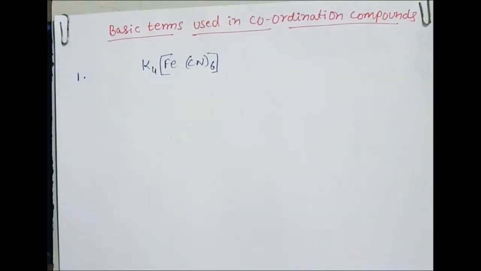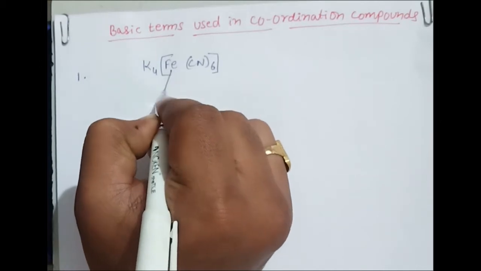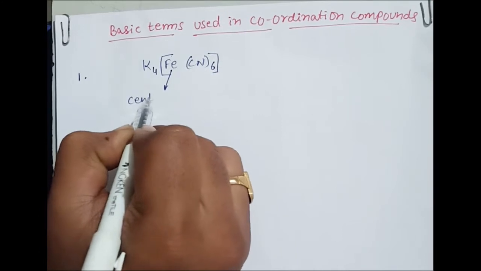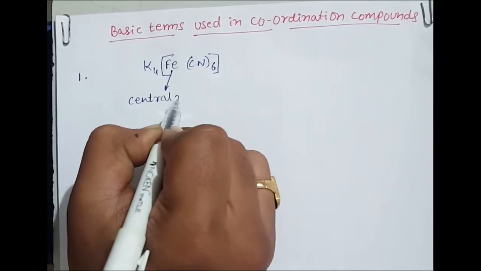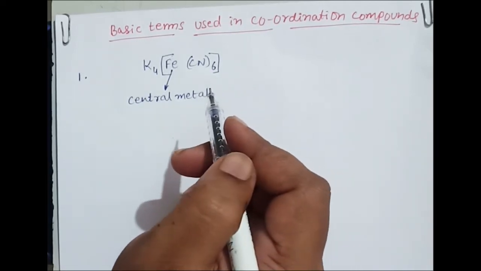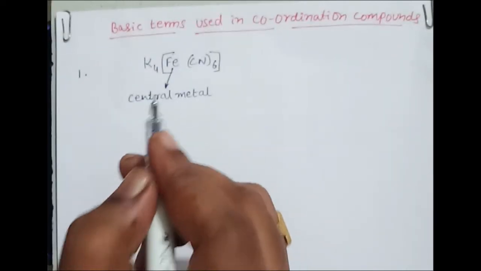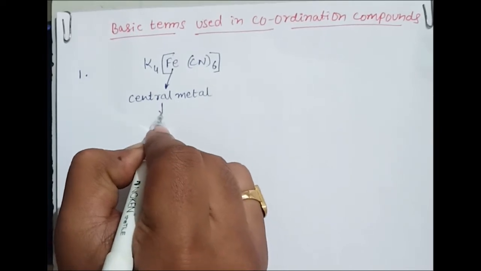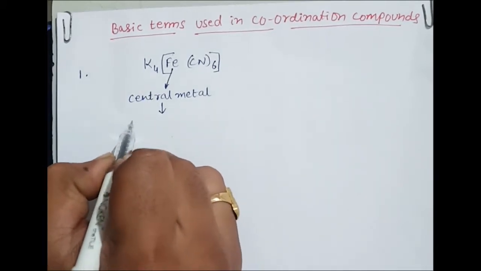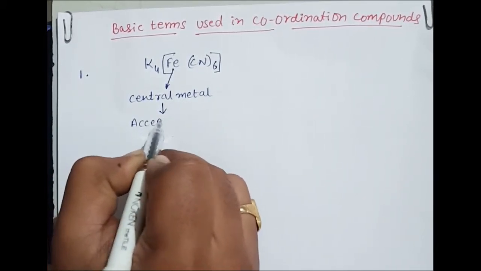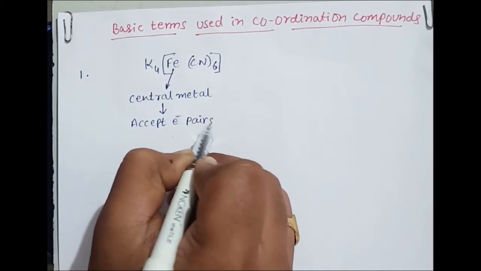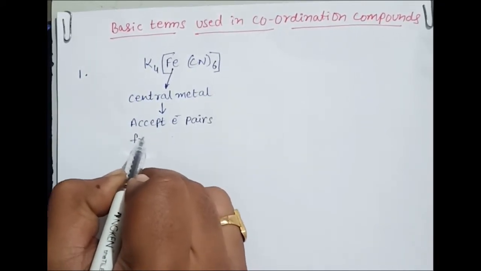In this compound, this metal iron is called the central metal atom or central metal ion. What it does is accept electron pairs from neighboring groups.